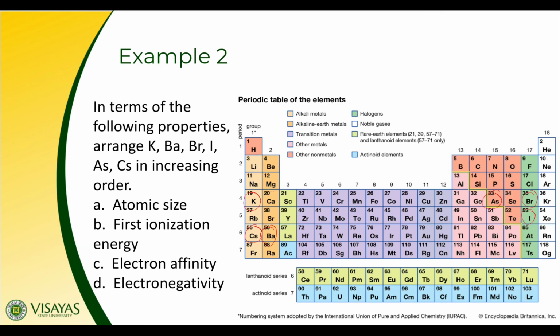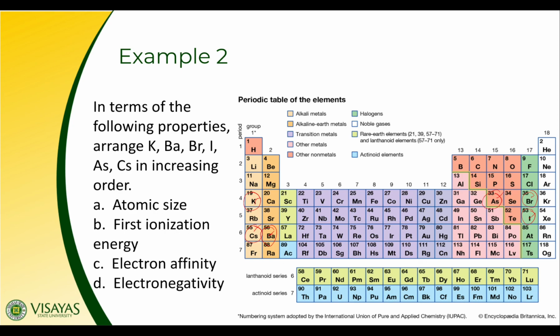Okay, for the second example, we have the elements potassium, barium, bromine, iodine, arsenic, and cesium. So which of these, instead of arranging, let's just identify which has the largest atomic size and the highest first ionization energy, electron affinity, and electronegativity, and the smallest size and the smallest first ionization energy, electron affinity, and electronegativity.